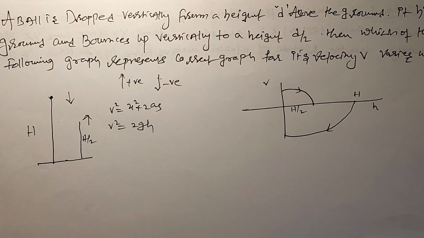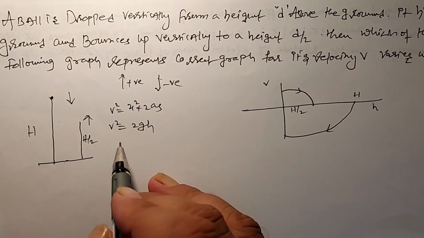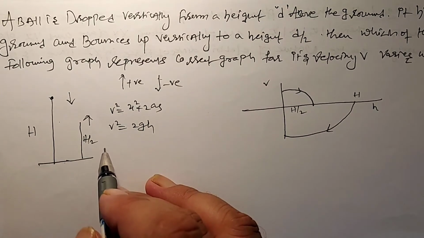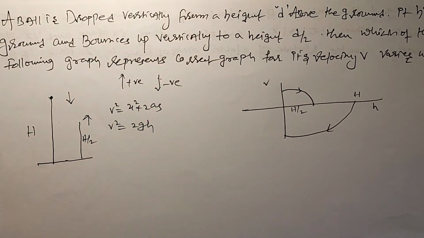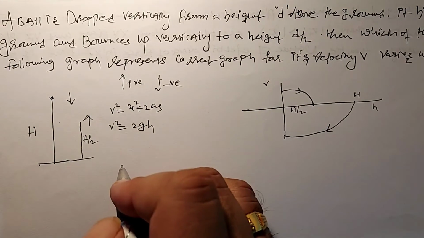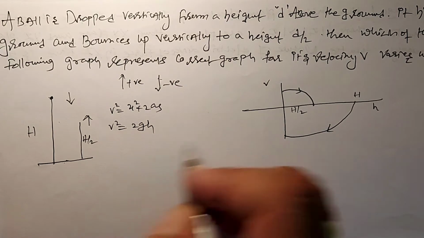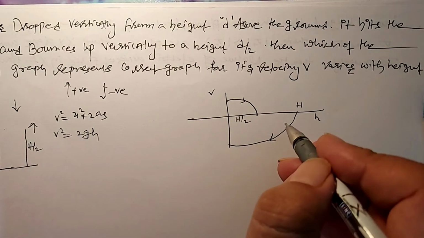It reaches the height h/2, and its velocity gradually decreases in the positive direction. So from this information, we conclude that this is the correct graph.